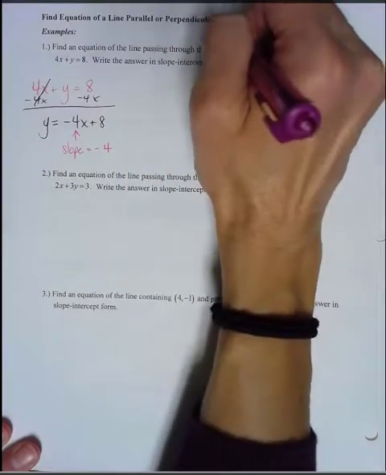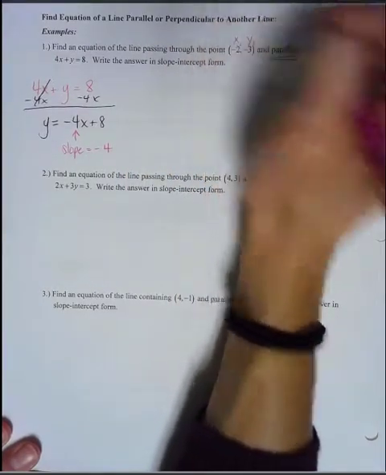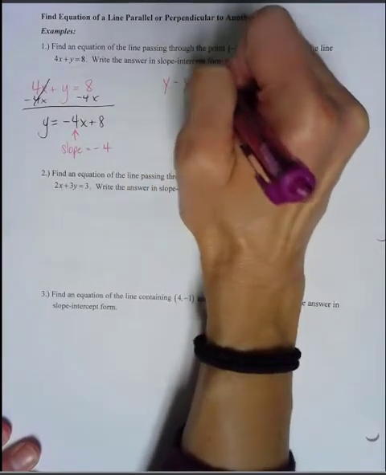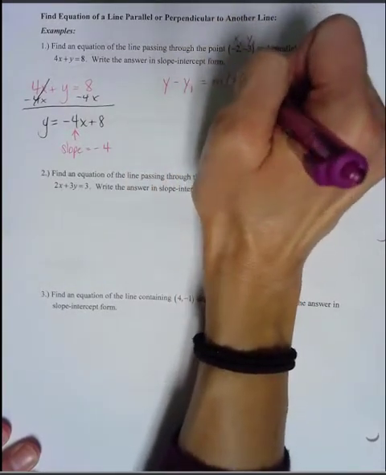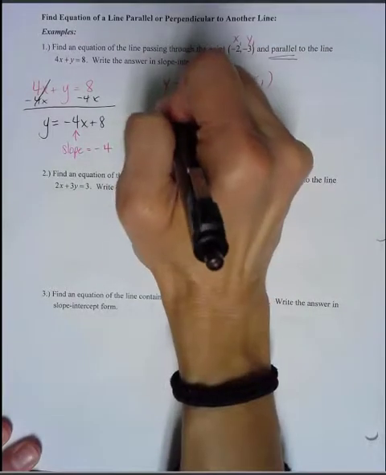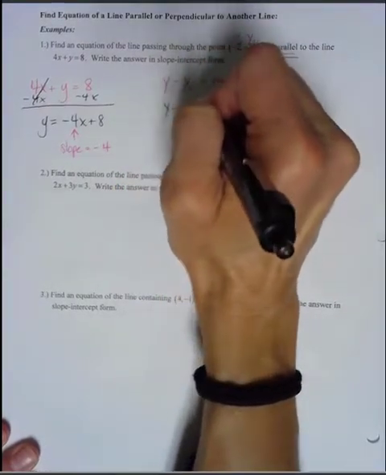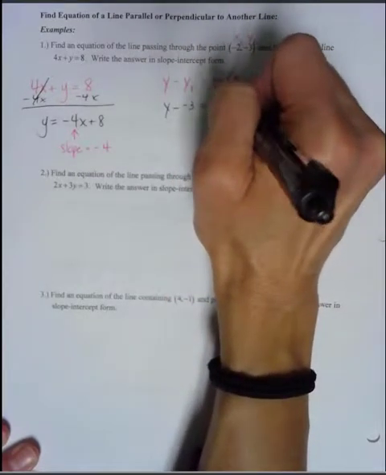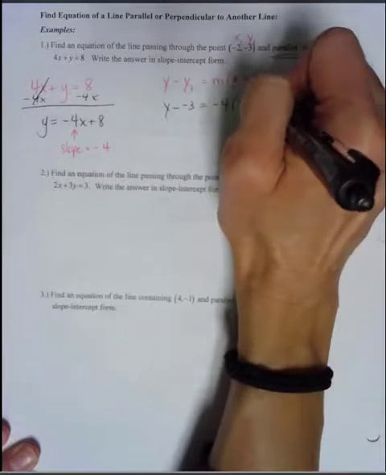So I have my x1, y1, and I'll go ahead and do y minus y1 is equal to slope times the quantity x minus x1. And then I can go ahead and sub in those values that we have. So y minus negative 3 is equal to m, which we just found, negative 4, times the quantity x minus negative 2.